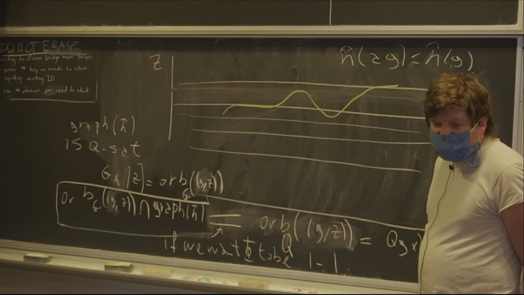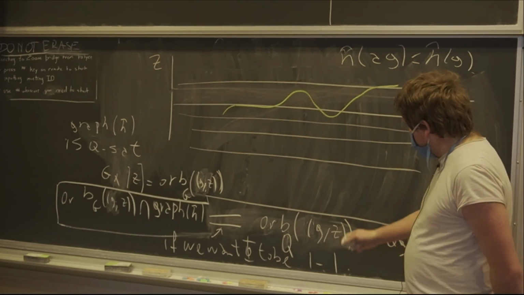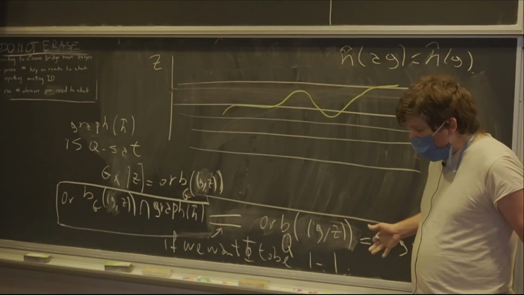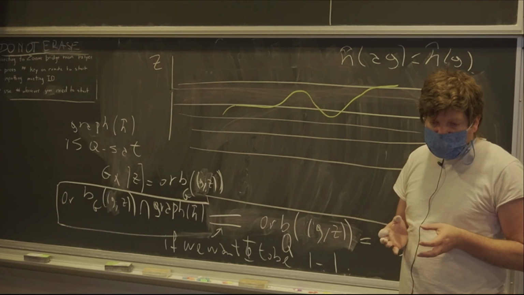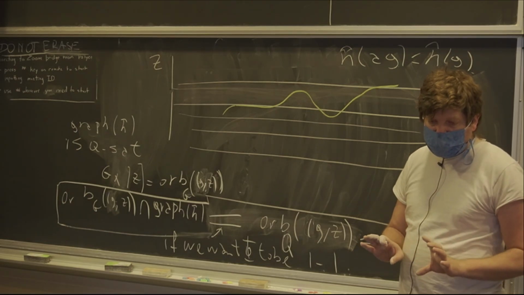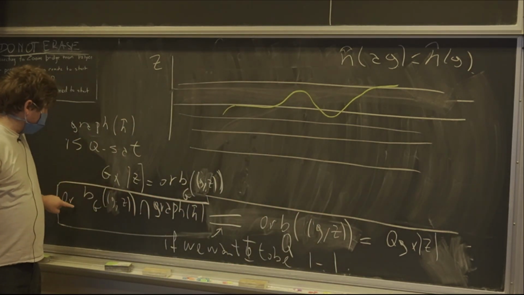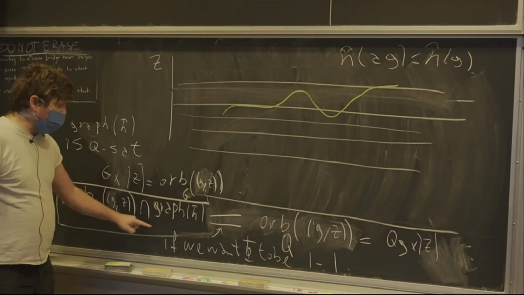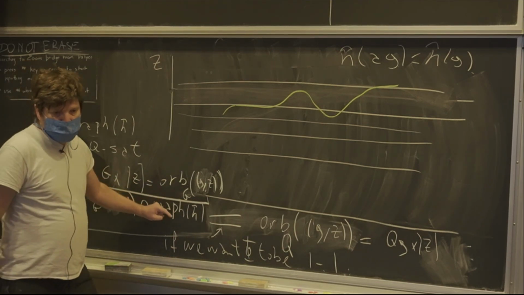Now, how did Margulis define Q? So here we are approaching from inside. Margulis, instead of approaching from inside, approached from outside, meaning that he defined Q as the smallest closed subgroup containing this guy, essentially. Okay?